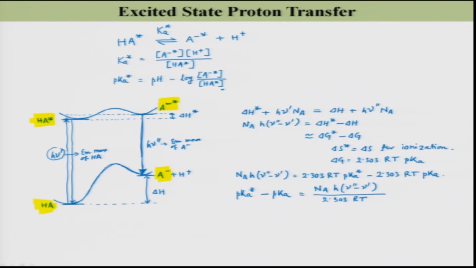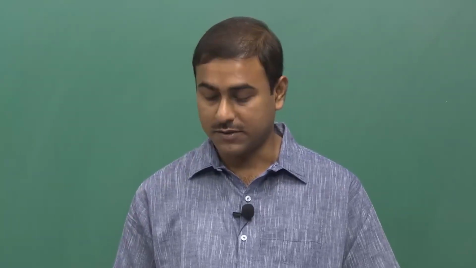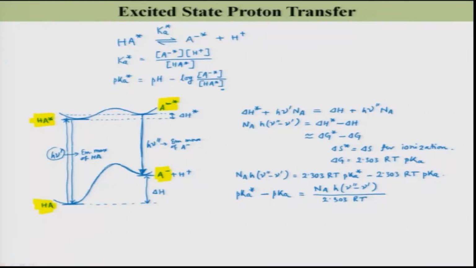So, if I know the pKa in the ground state, then I can readily calculate the pKa star in the excited state, provided I know what is the emission maxima of this HA, what is the emission maxima of this A minus, and the other things are constant terms.